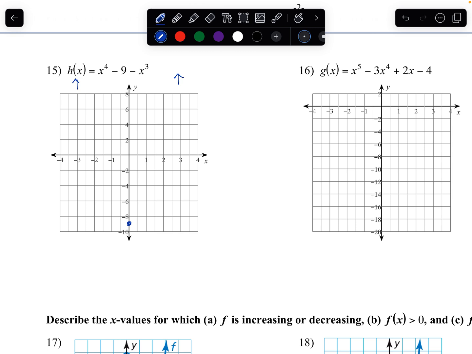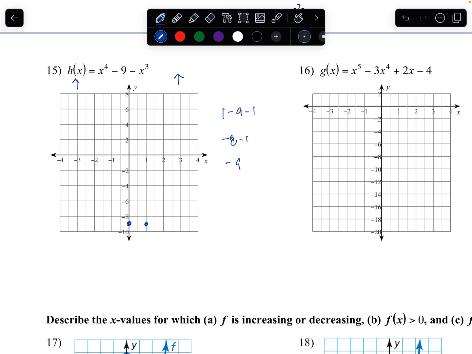If I plug in 1, I'm going to get 1 minus 9 minus 1. 1 minus 9 is negative 8, and then that's going to be negative 9. So it's going to be right here. Seems weird. Let me double check, but I think that I did my math right. I'm trying to do my math a little bit better right now.